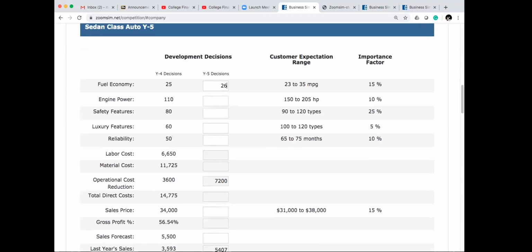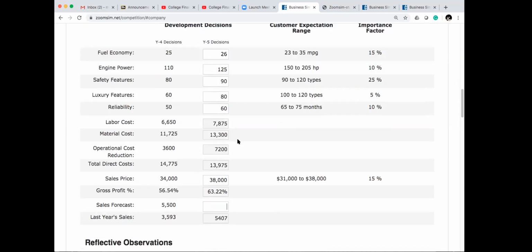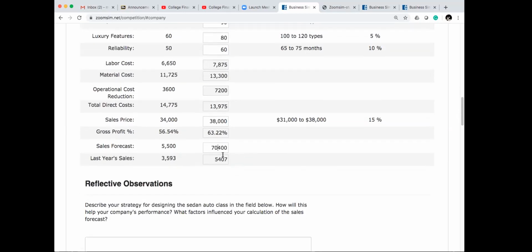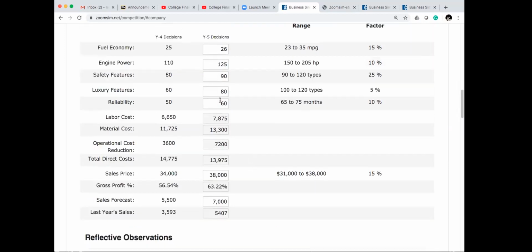Okay. And I always want to increase my key statistics on everything, hoping to get more demand for my car. So I'm going to put this at 7,000 and kind of make this higher because there's a lot of importance on that.